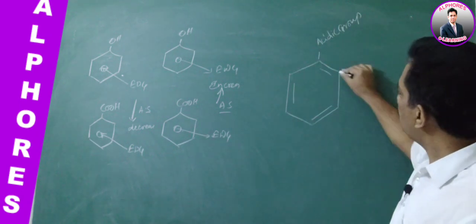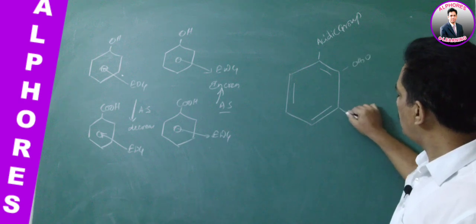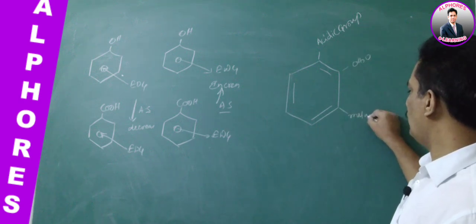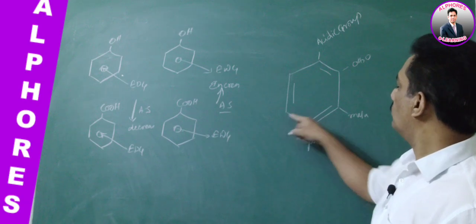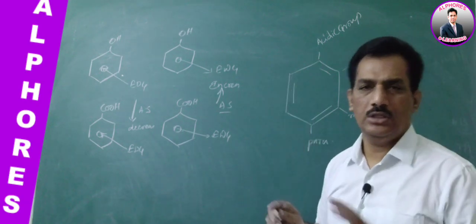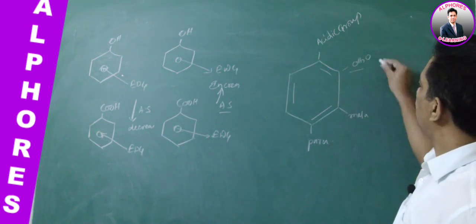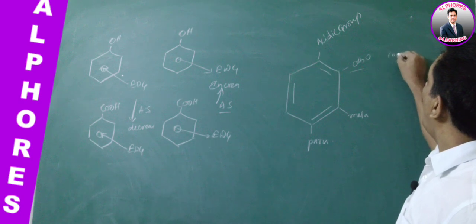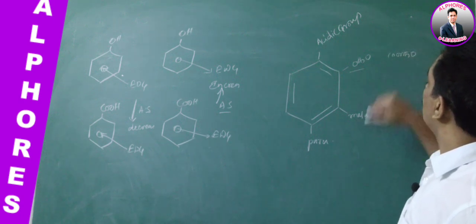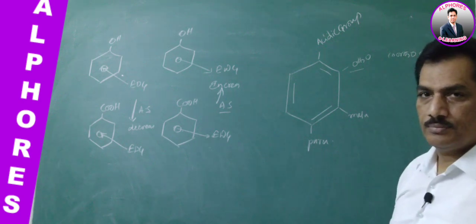Then this is the ortho position, this is the meta position, as we know, and this is the para position. Again, this is meta, this is ortho. We need not be concerned about that. And now this ortho position has the ortho effect. Ortho effect is one of the factors at the ortho position.